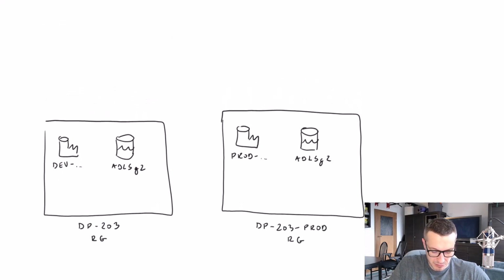So basically, we will configure this Git integration option. So this is our Git repository. And I will be using Azure DevOps for this purpose. And we will simply configure it in a way that every change made in our dev instance of Data Factory will be saved inside this Git repo. So let's do this.